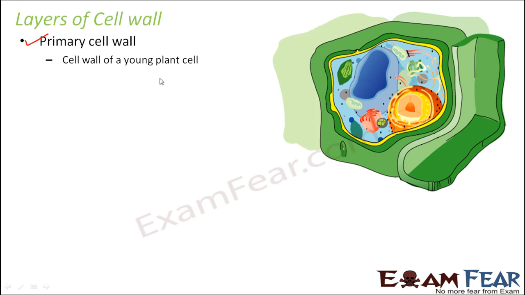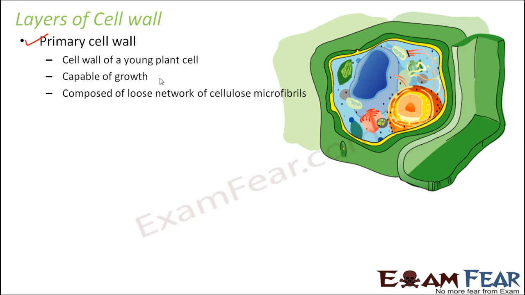When a plant cell is very young, you just see one layer of cell wall, and that single layer is called the primary cell wall. This wall is capable of growth, because as the plant is growing, each and every part of it should also grow. So this cell wall also keeps growing with the plant. It is composed of a loose network of cellulose microfibrils. Microfibrils are nothing but thread-like structures.